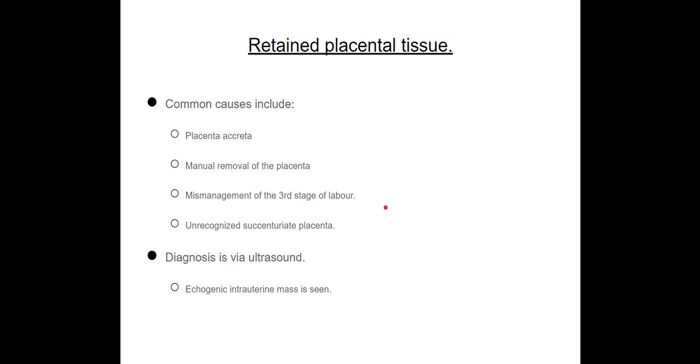Three, the early clamping of the cord. So particularly if controlled cord traction was not used to remove the placenta, it can predispose to retained placenta. You diagnose retained placenta via ultrasonography, where you see an echogenic uterine mass.